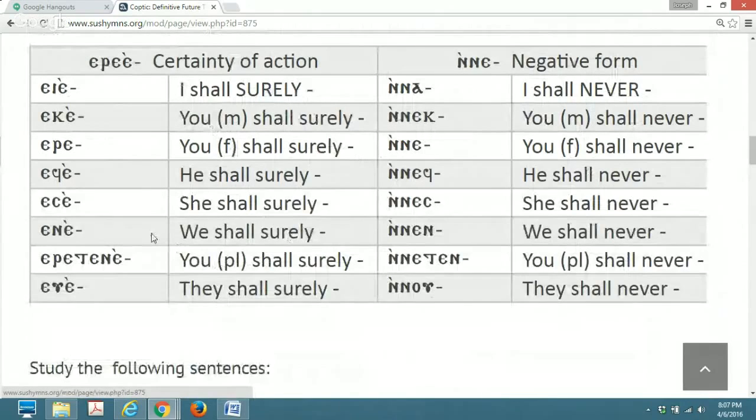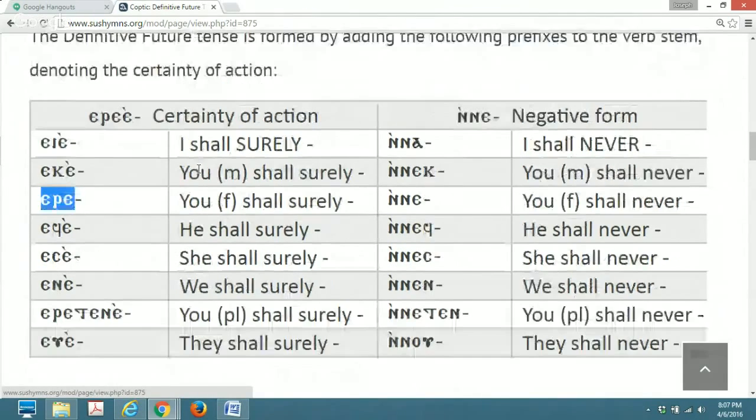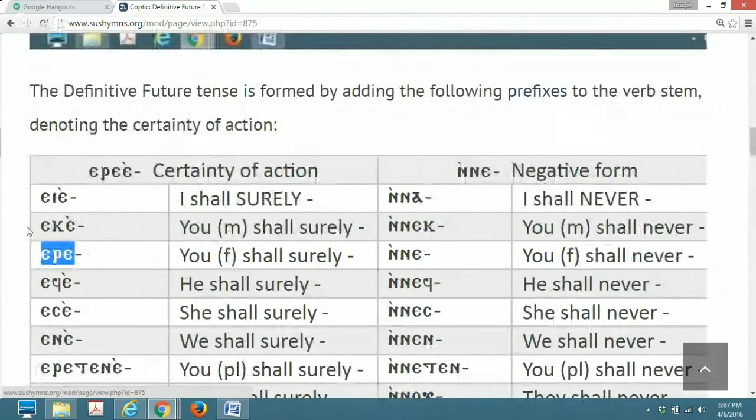And this has been fixed here, so ek, e, and ere are basically, you can remove these and plug them into the optative table for the second person.